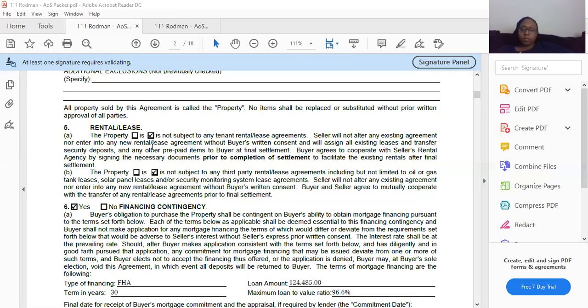Especially in this environment with COVID, courts are not doing evictions. So make sure your buyer is protected, and if you have to extend settlement, you keep extending it until those tenants are out, so that you can do a proper walkthrough.